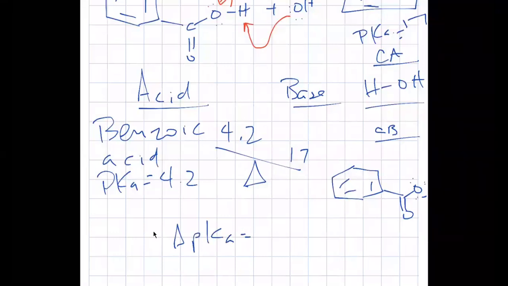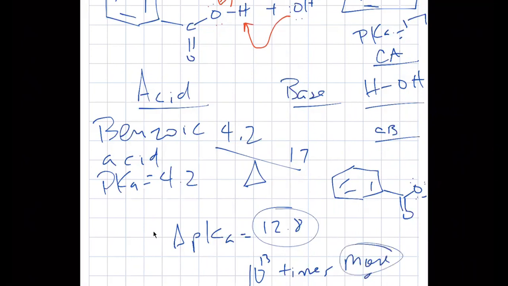So 17 minus 4.2, what is that, 12.8? Is that right? Yes. So the number of times is 10 to the 13 times. I'm going to round up. That's okay to round up, by the way. It's 10 to the 13 times more acidic. That's a lot.